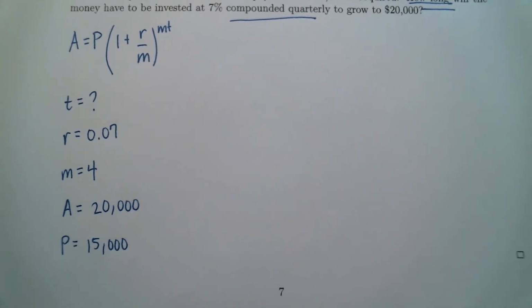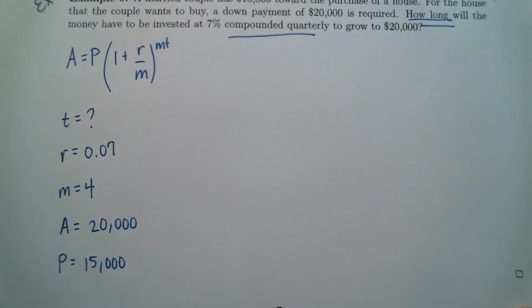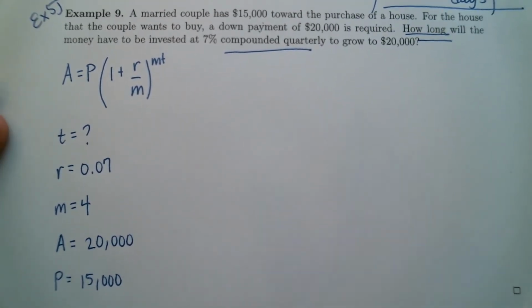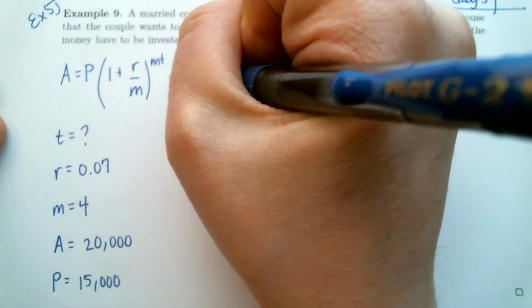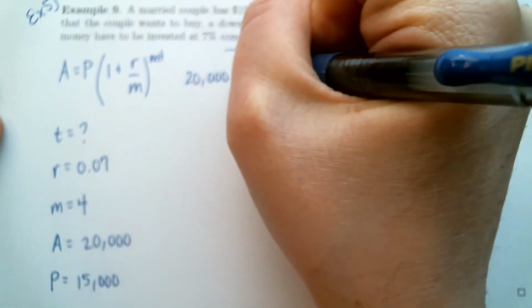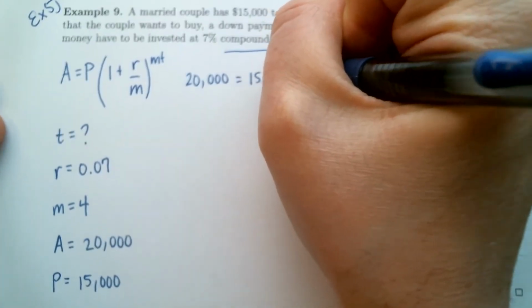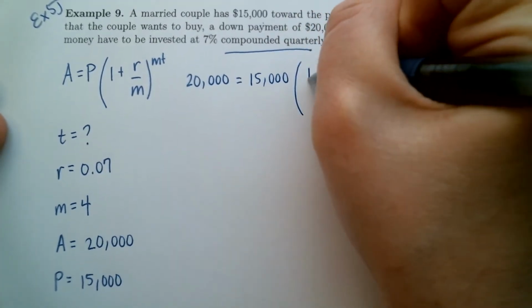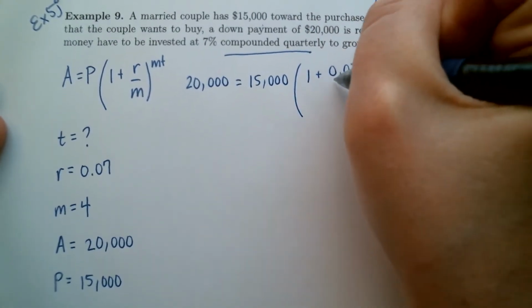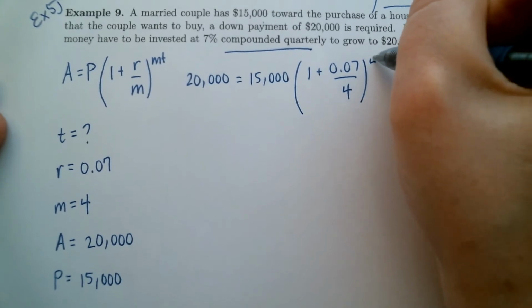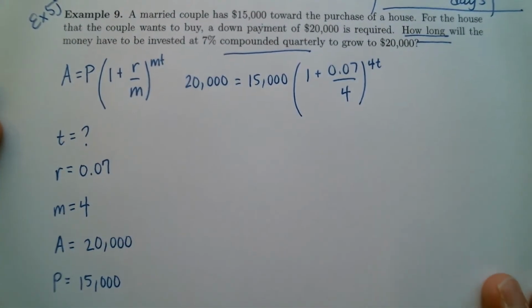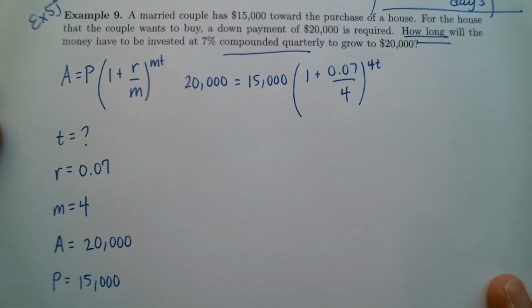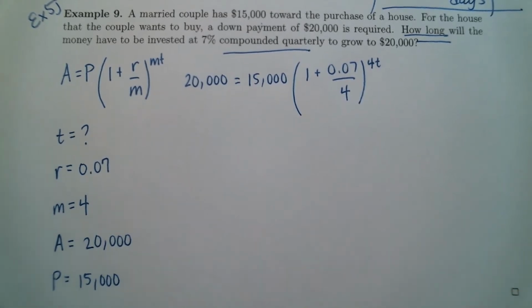Okay, so there's your A and your P. All right, we're going to go ahead and plug all this in, and then we'll start solving it for time. Okay. All right, so let's plug this in. We're going to get 20,000 is equal to 15,000 times 1 plus 0.07 divided by 4 raised to the 4t power. Okay. All right, so let's start solving.